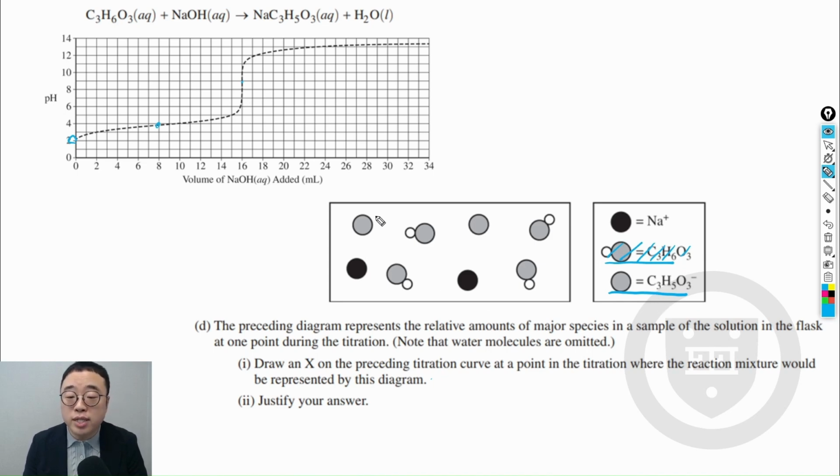But here, what we see is that we have more weak acid than its conjugate base. So this is going to be before the half equivalence point. Also, right now we do have some of the conjugate base due to the reaction. So we can safely say that the X mark could be somewhere between 0 milliliters and 8 milliliters, somewhere around here. Sounds good?